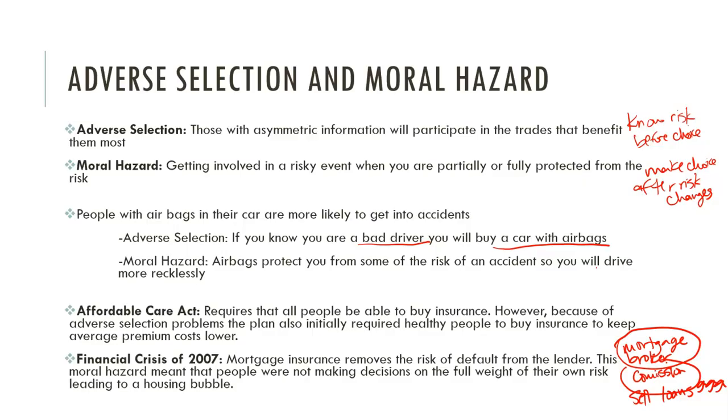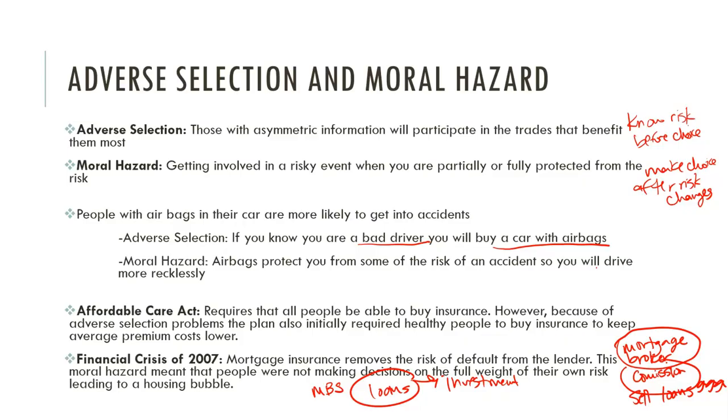And one thing that made this a bigger problem in the financial crisis of 2007 was mortgage-backed securities, where banks were taking all of these loans and packaging them up together and selling them as an investment to people who wanted to be invested in real estate without having to actually buy real estate.